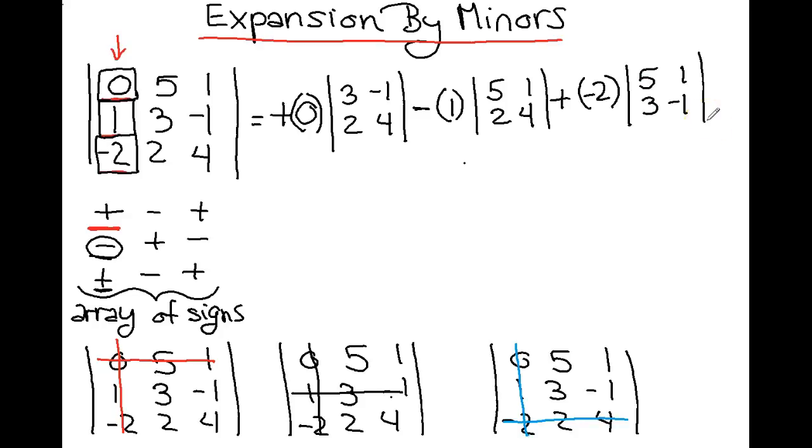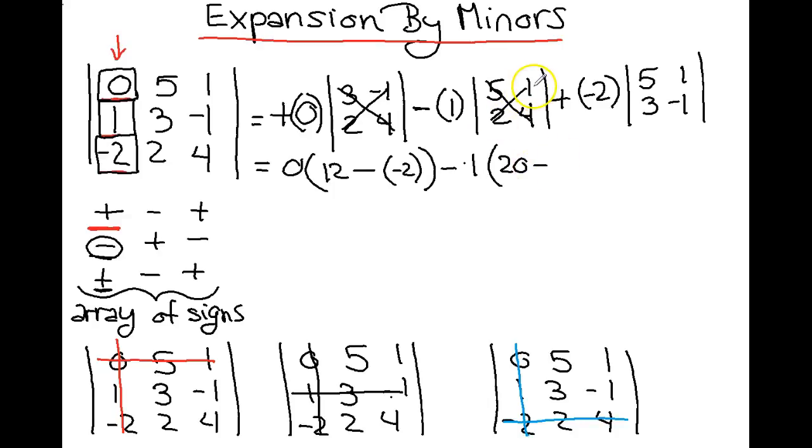So we already know how to calculate the determinant of a 2 by 2, so all we have to do now is do our calculations. So we end up with 0 times, let's calculate, 3 times 4 is 12, minus 2 times negative 1 is a negative 2, minus 1 times 5 times 4 is 20, minus 2 times 1 is 2, and then plus a negative, it's really a negative 2 times, 5 times negative 1 is negative 5, minus 3 times 1 is 3.